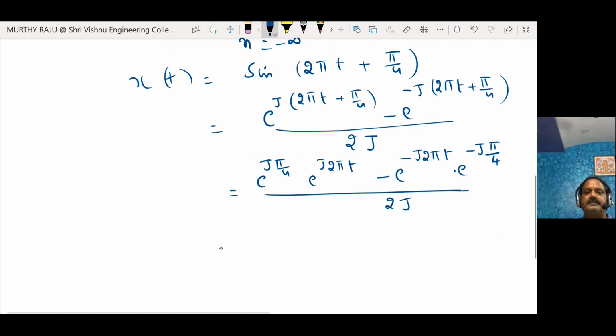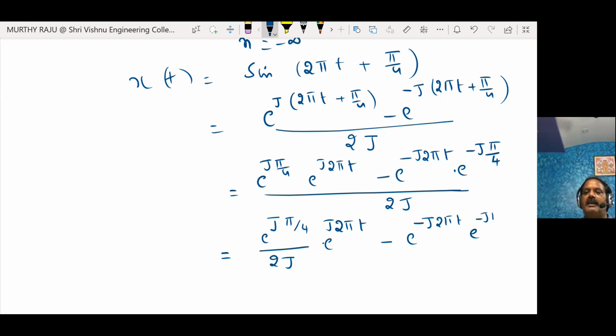That is equal to e power j pi by 4 by 2j into e power j 2 pi t, and e power minus j pi by 4 by 2j into e power minus j 2 pi t.